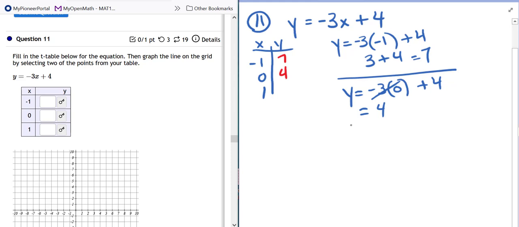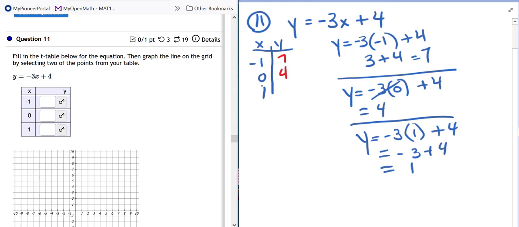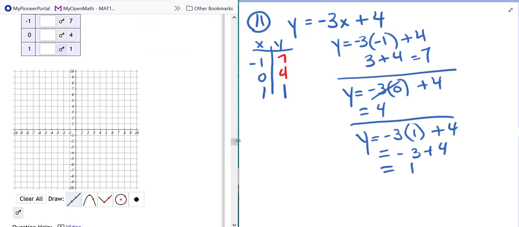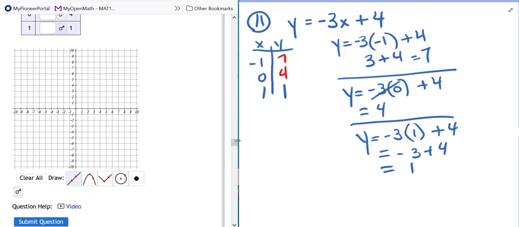And then you plug in 1. So y equals negative 3 times 1 plus 4, which is negative 3 plus 4, which is 1. I got off my color scheme there. All right, that's good. We'll try one more graph here.